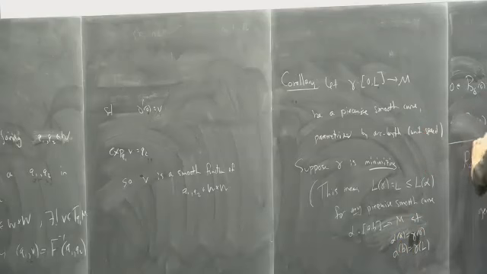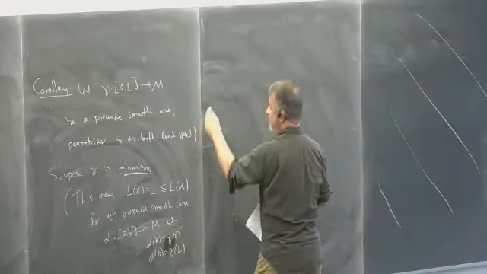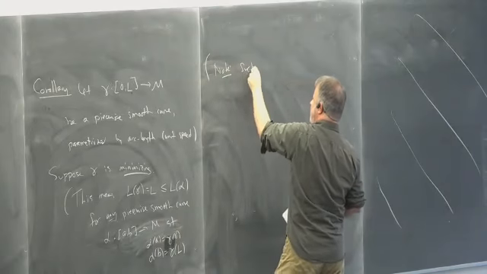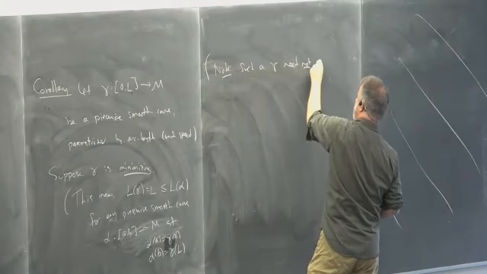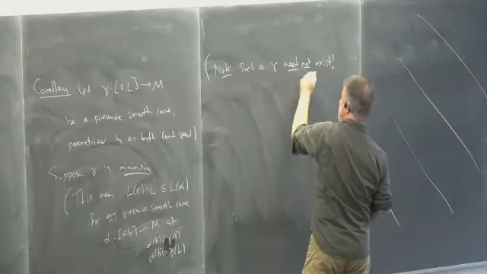Okay, so I haven't finished stating the corollary. But before I finish stating it, let me just note, such a gamma need not exist. We are assuming it exists.